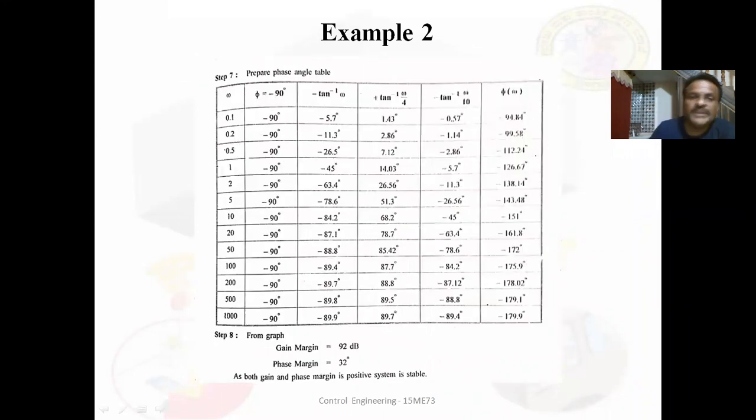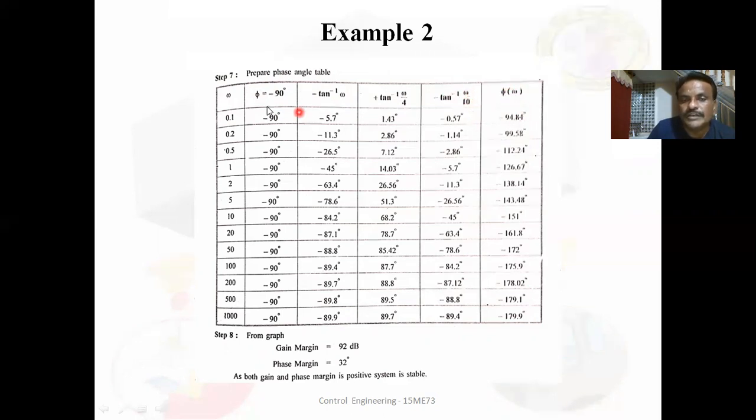Then prepare the phase angle table. So omega, then one pole at origin, then minus tan inverse of omega, that is the first order pole, then first order zero plus tan inverse of omega by 4, then minus tan inverse of omega by 10.